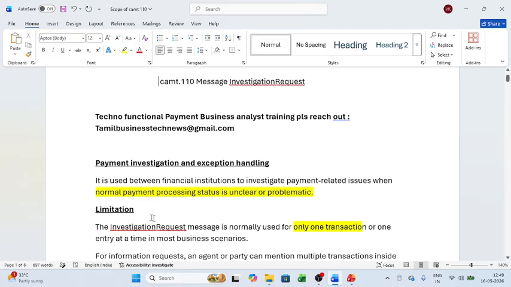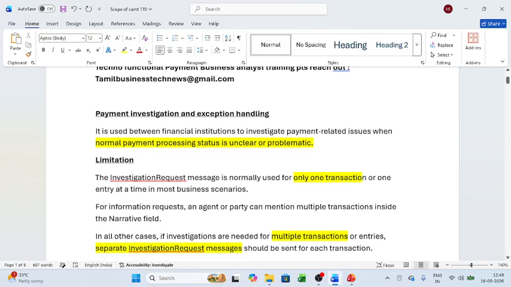A normal payment processes with its status, and that is not a problem. But if any unclear or problematic situation happens in your transaction flow, any bank in the flow raises the camt.110 message and gets the response.